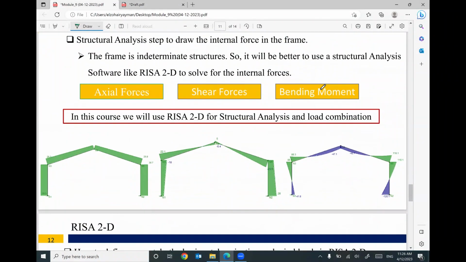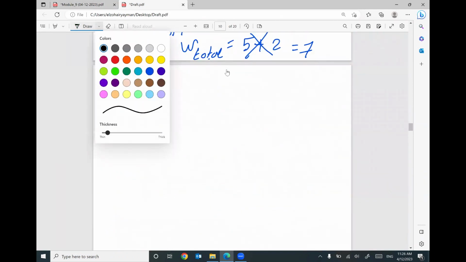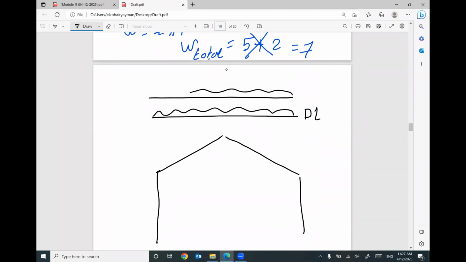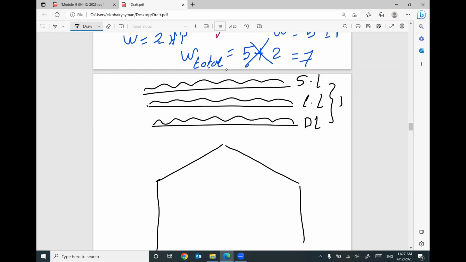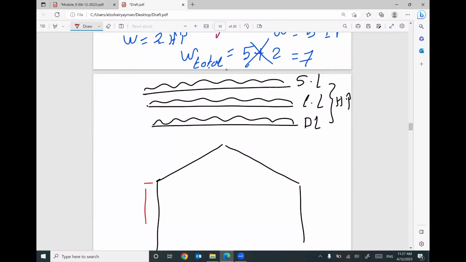Once you have your frame, we have a value for dead load, another value for live load, another value for snow load, all of them horizontal projection, and force values for wind load like this, and like this, and like this.